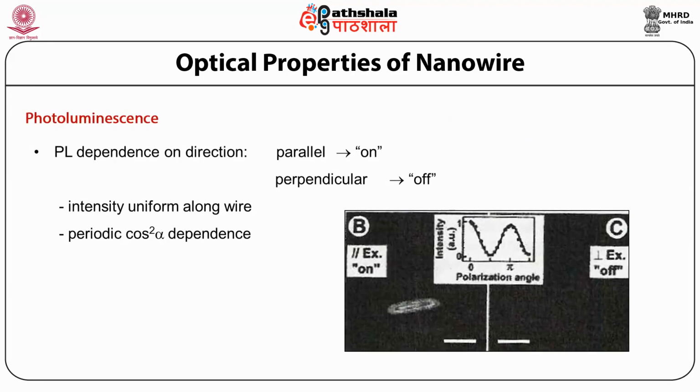Let us discuss the optical properties of nanowires. Optical methods provide an easy and sensitive tool for measuring the electronic structure of nanowires, since optical measurements require minimal sample preparation, for example, contacts are not required, and the measurements are sensitive to quantum effects.